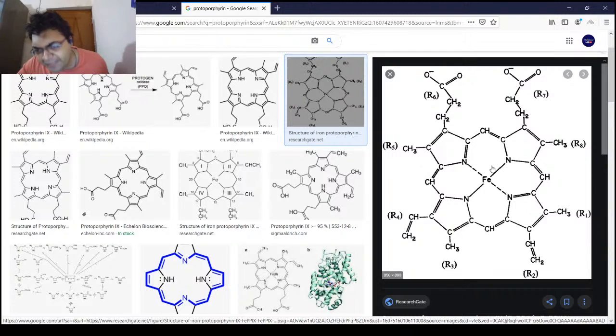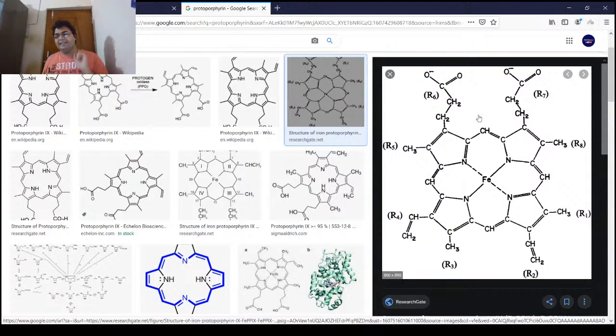Now you have Fe in the plus 2 state here, the ferrous state, coordinated by four nitrogens. Here it is connected to the histidine residue of the polypeptide chain, and towards this side it will be attached to one oxygen molecule.